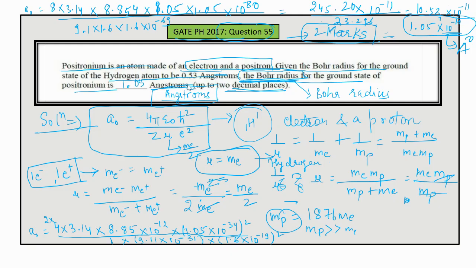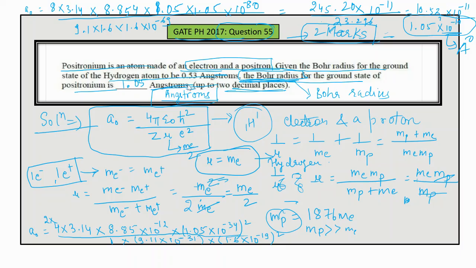See, this is a question of 2 marks, but there is a trick. It is given positronium. If someone has read the question and thinks, okay, we just need to put the m value here, because m is equal to me. Generally in the hydrogen atom, m is equal to mu is equal to me. Effective mass is equal to me. So they'll make the same mistake here. But no, there is a trick, because it is given positronium.